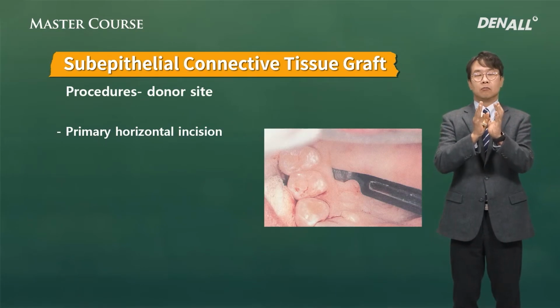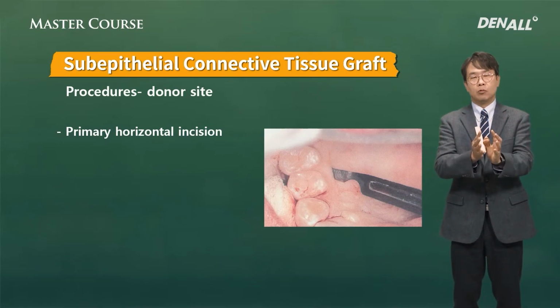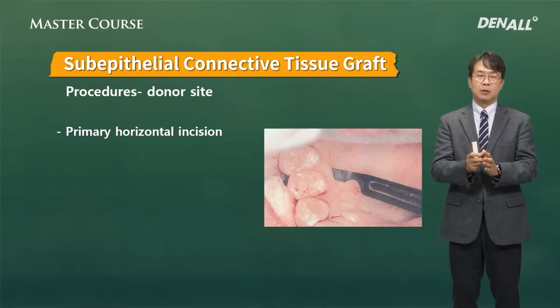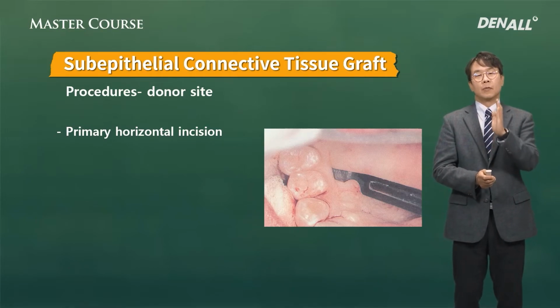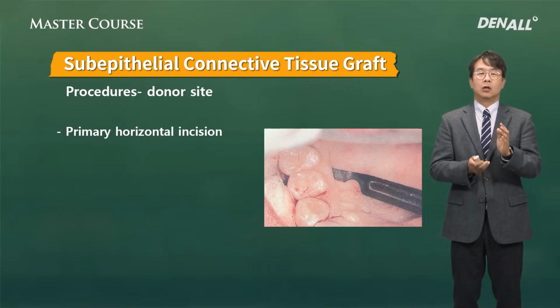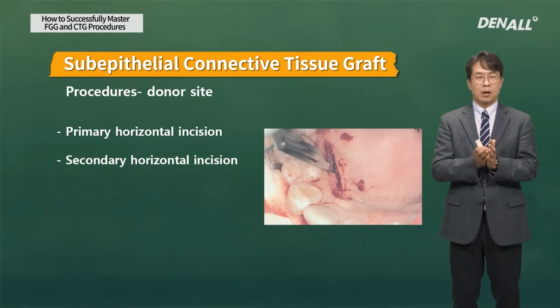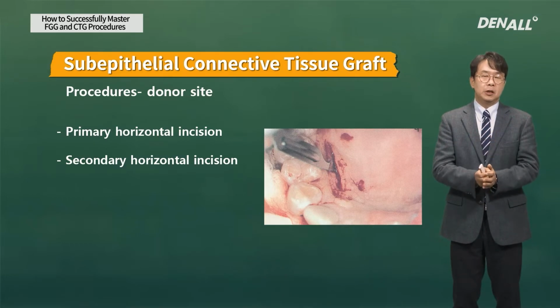Likewise, donor site needs to be made and not the recipient site. Similar to free gingival graft, horizontal incision should be made first, and the second horizontal incision should be made to make a partial thickness flap, just like free gingival graft.